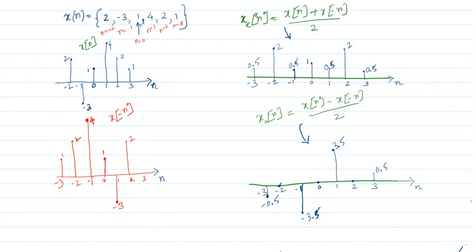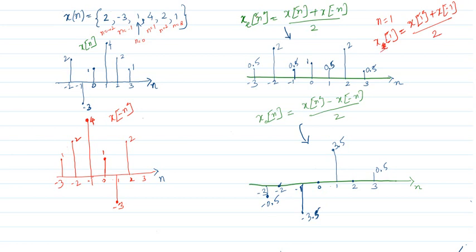Let's take an example. Let me take n equal to 1. So xe of 1 is equal to x of 1 plus x of minus 1, divided by 2.